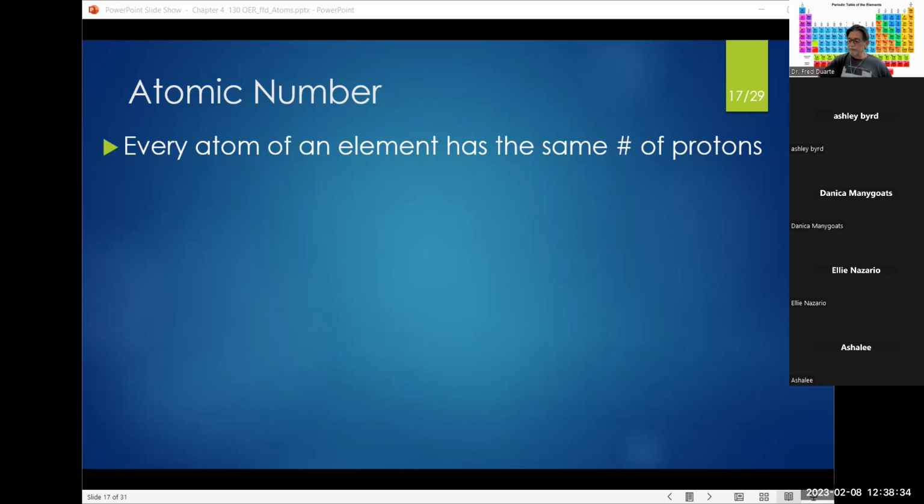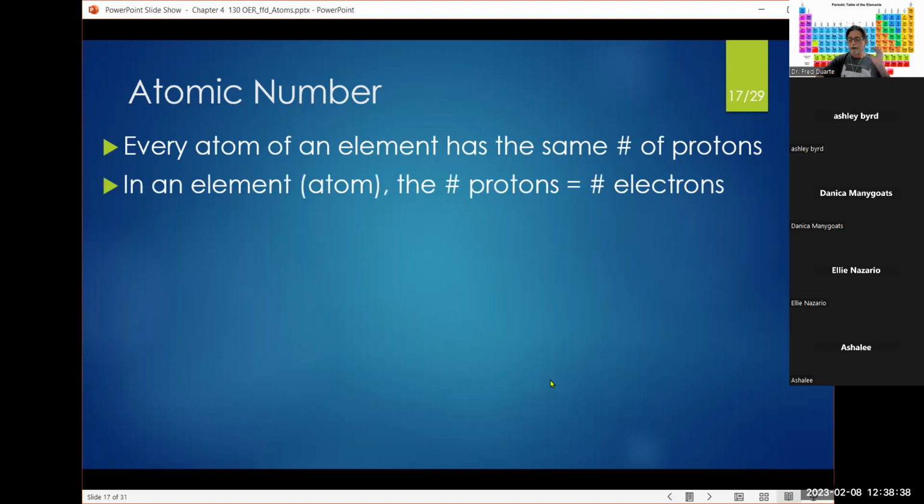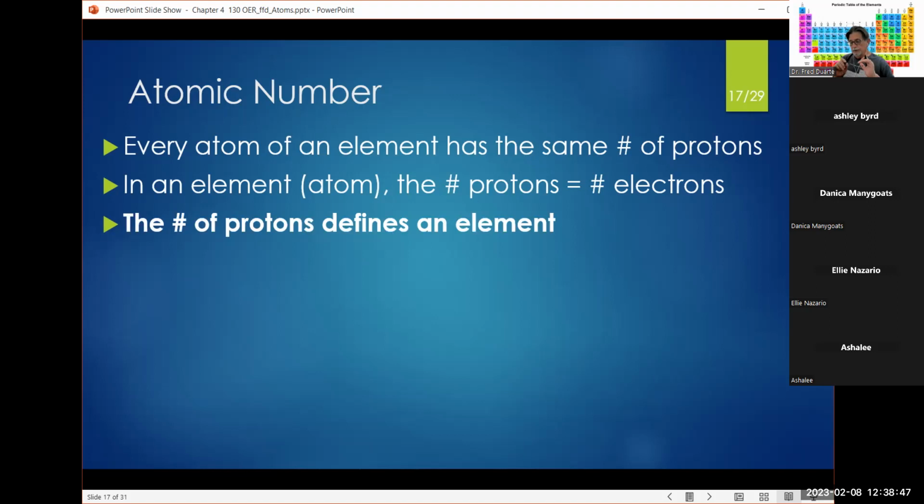That's the definition of that element. And also the number of protons equals the number of electrons. Right now, we're just talking about the elements, so they're going to end up with a neutral charge. All the elements behind my head here have a net neutral charge of 0 because they have an equal number of protons, which are positive, and an equal number of electrons, which are negative.